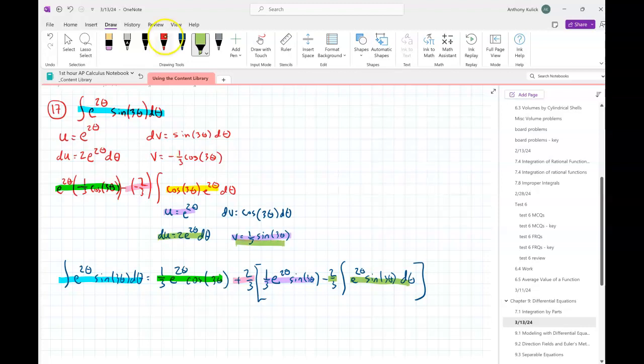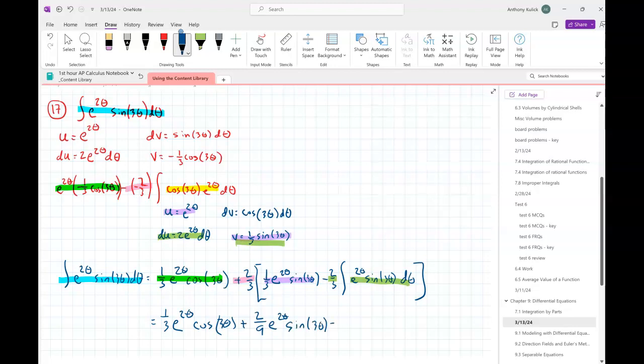Yeah, no problem. Again, I put a bunch of stuff together there and had some gaps. All right, so I'm gonna do a little bit of cleanup here on my right-hand side. So if I distribute the 2/3 through, I have plus 2/9 e to the 2 theta sine 3 theta.